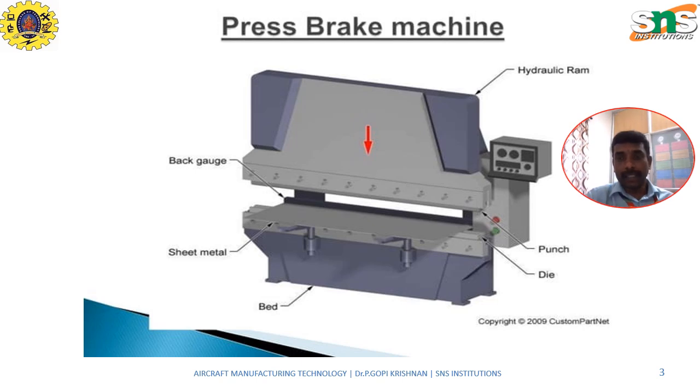If the ram is guided by hydraulic power, it is called a hydraulic ram. The ram has the punch at its end, and the punch is the component used for applying the force over the sheet metal, and the die is the component at the bottom side of the entire system, upon which the sheet metal is placed.